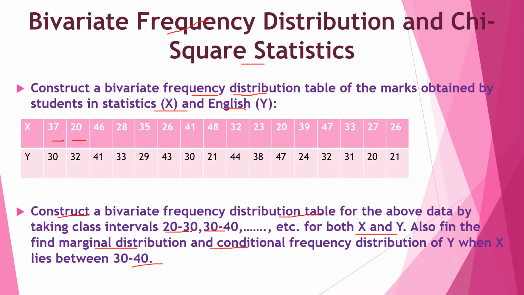Now we construct the data, starting from 20 to 30. When there are continuous classes, 20 to 30, 30 to 40, in the first class we take the values from 20 to 29.